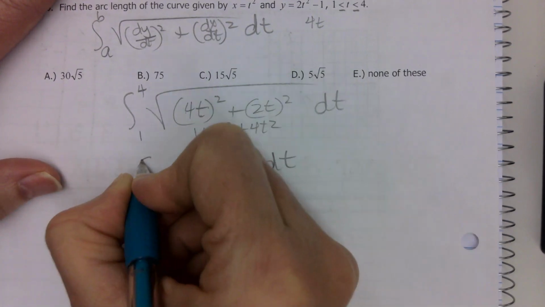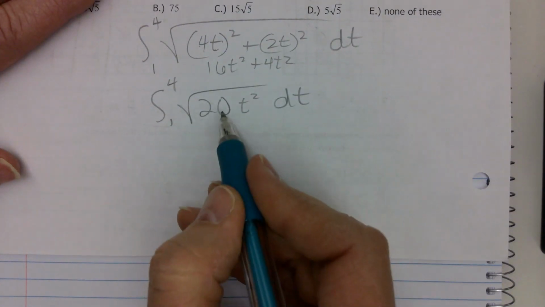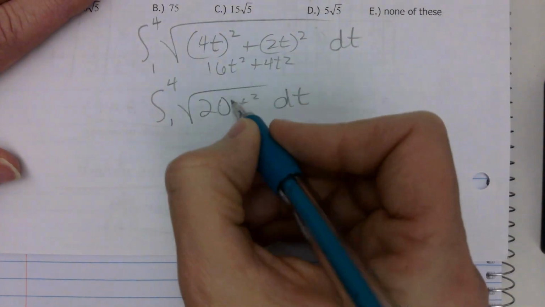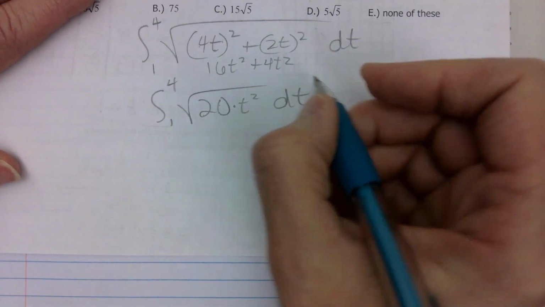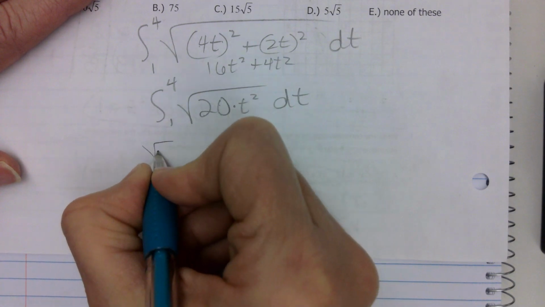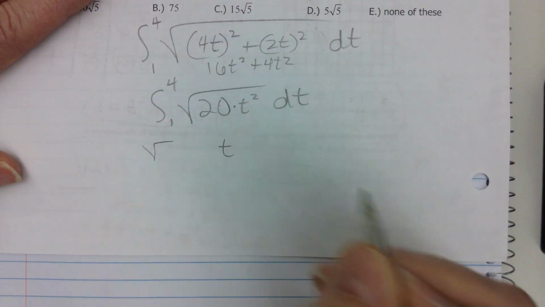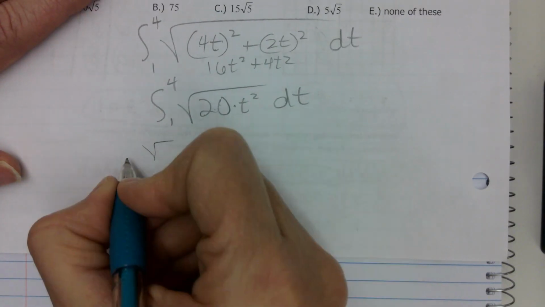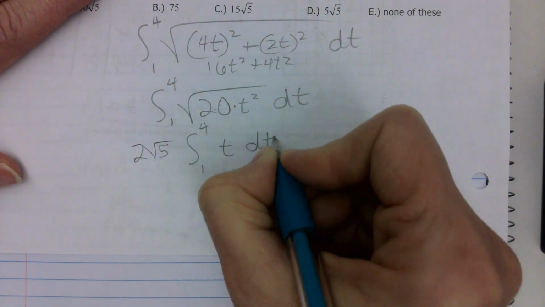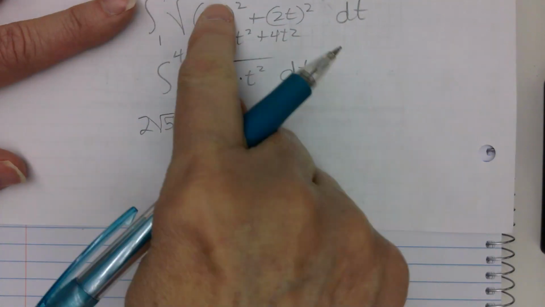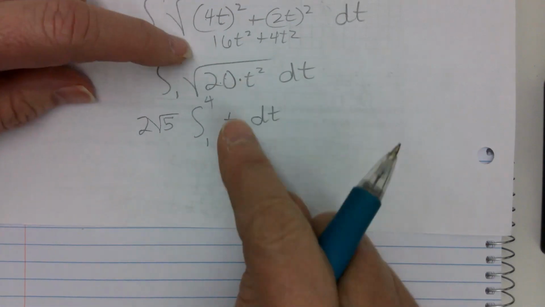This becomes a truly easy integral, doesn't it? The square root of 20 times the square root of t squared, which is plain old t. Root 20 is 2 root 5, right? That we can pull out. Be careful on this.